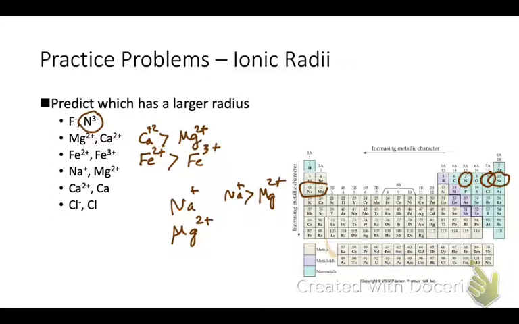Calcium and calcium +2, I know that for any given atom the neutral is larger than the cation. So calcium is larger than calcium cation. Chlorine and chloride, for any given atom, the anion is larger than the neutral atom.